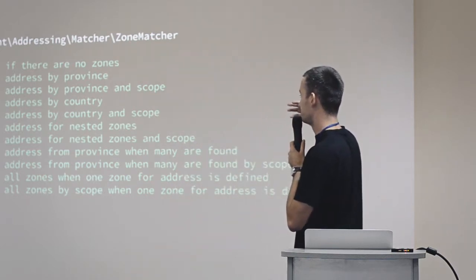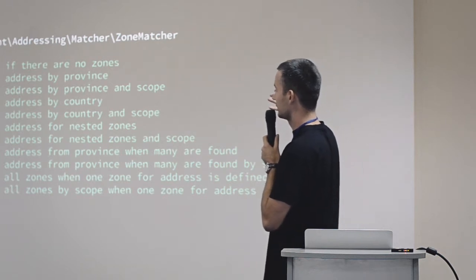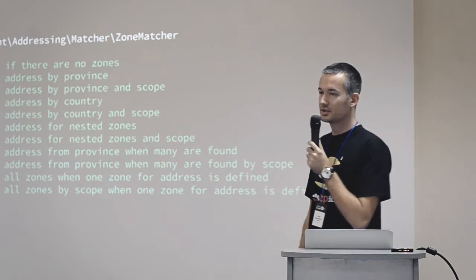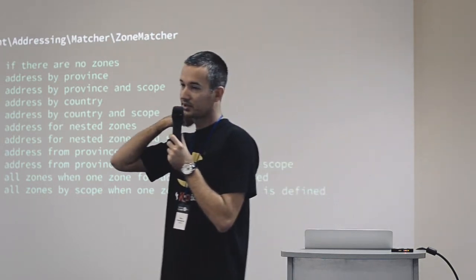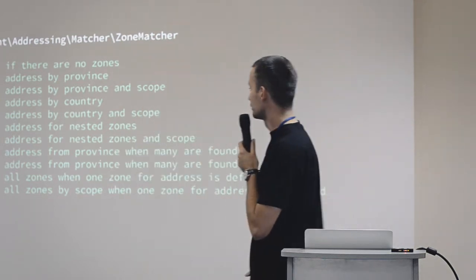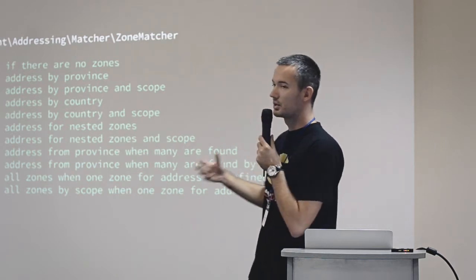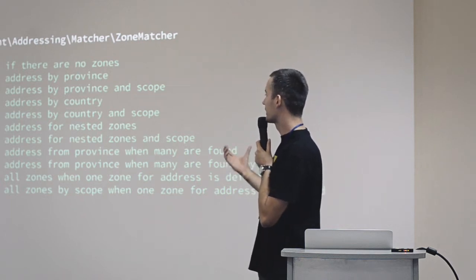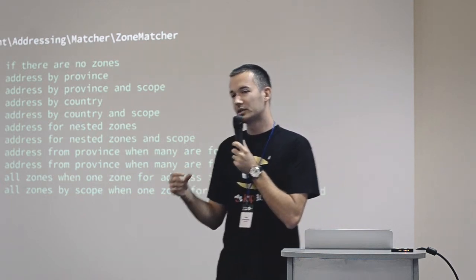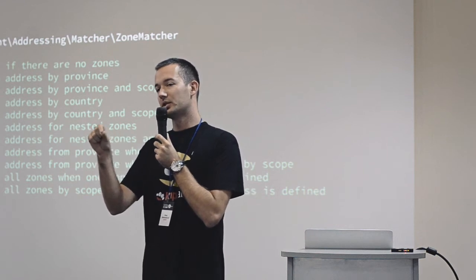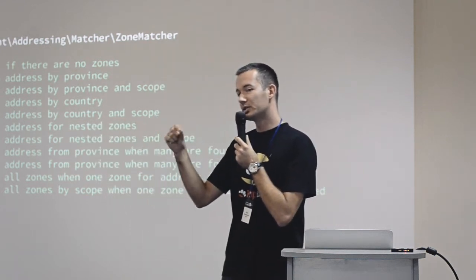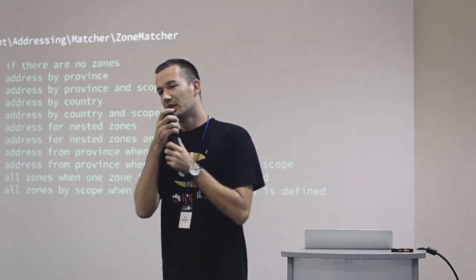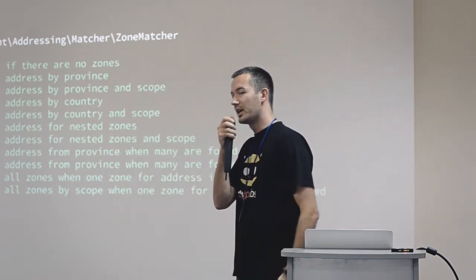Actually, PHPSpec is a tool that helps you to write clean code using the methodology called spec BDD. So you're describing the object you're about to write. And you're writing the spec class, which contains methods whose names are human readable sentences, inside which you write the expectation of how your code should behave.